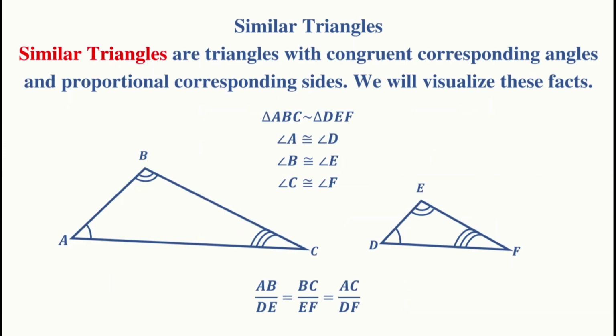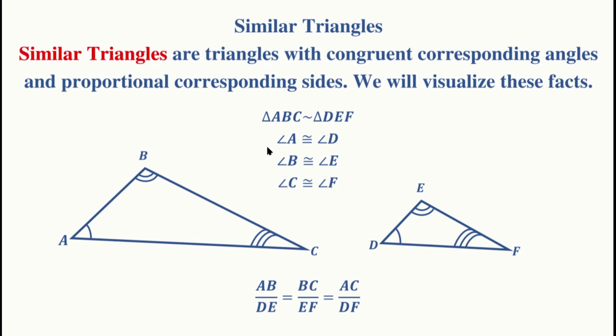One group of triangles that are going to play an important role in our study are similar triangles. Similar triangles are triangles with congruent corresponding angles, such as A and D, B and E, and C and F, and proportional corresponding sides.